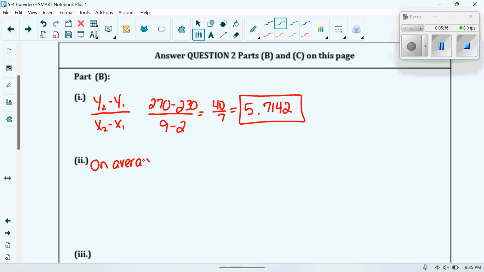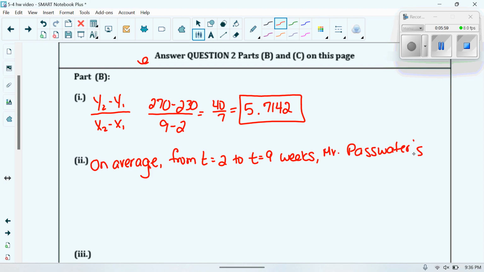So I like to start with that so I don't forget it. So I'm going to start with on average, from t equals 2 to t equals 9 weeks, Mr. Castwater's maximum bench press, because you always want to reference the context.